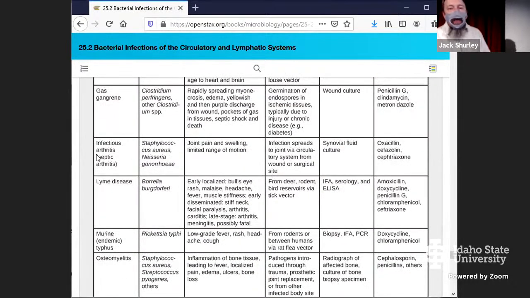Septic arthritis. This is infectious arthritis. Staph aureus or Neisseria are potential culprits to cause issues with that. The Lyme disease, we saw it, Borrelia burgdorferi, and possible symptoms with that, the rash and other issues.